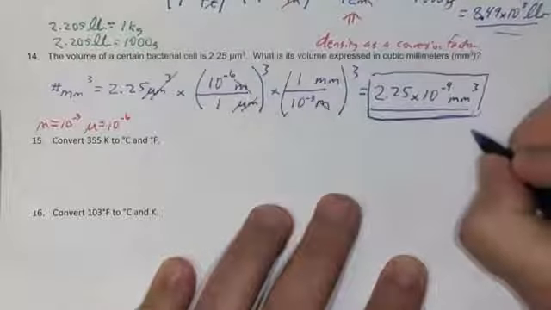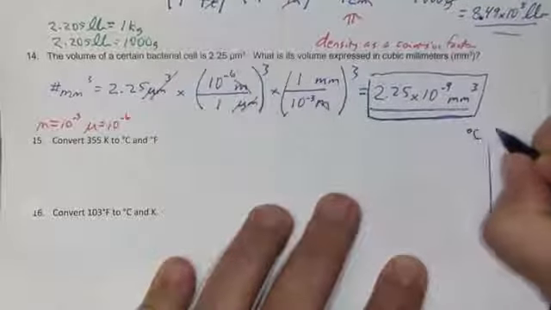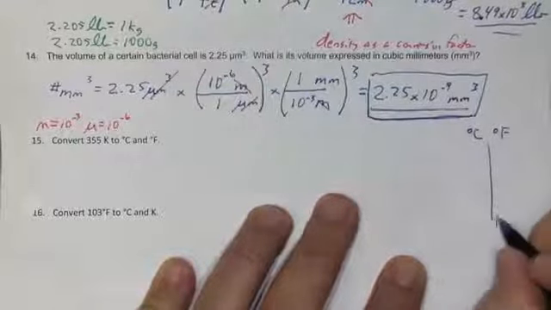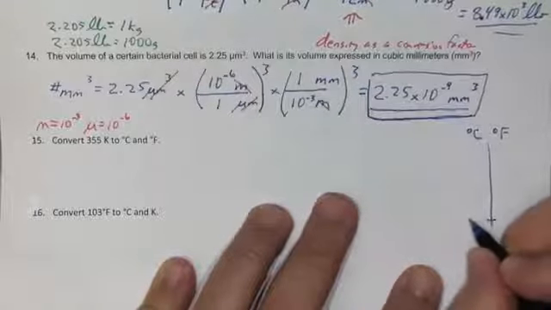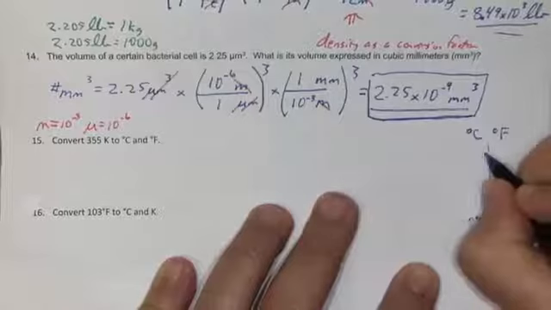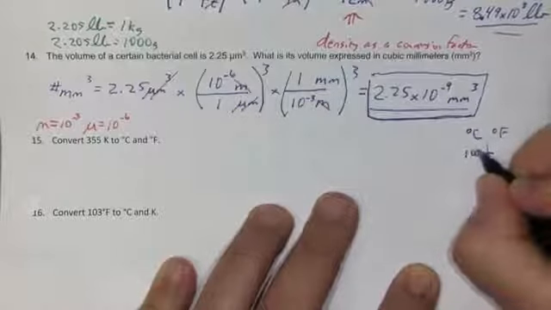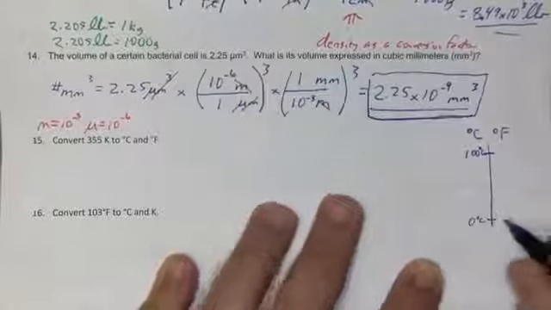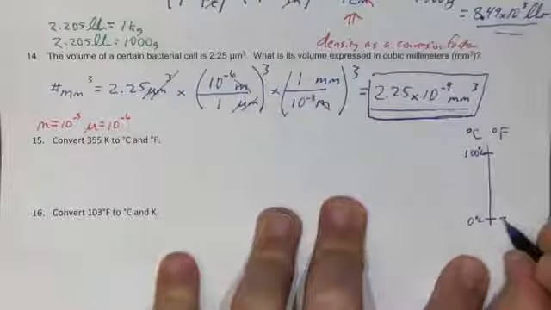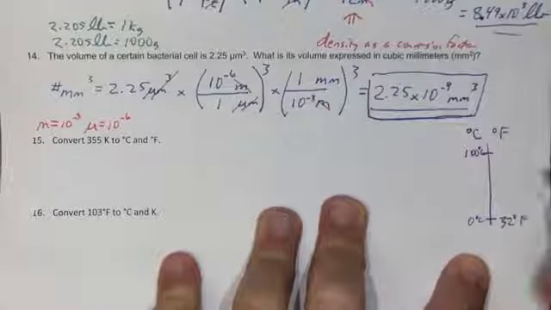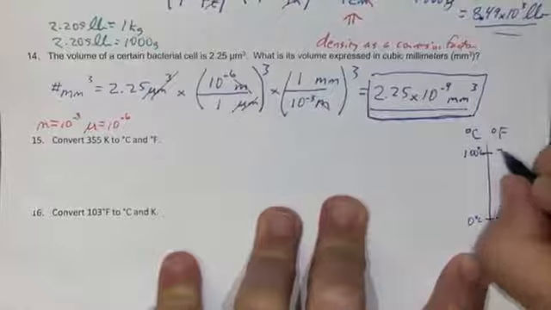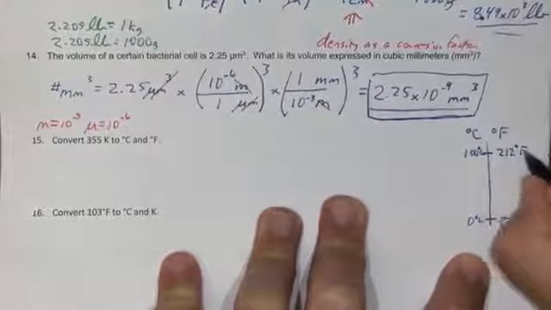If I put the temperature scale in Celsius over here and in Fahrenheit over here, the freezing point of water in Celsius is 0 degrees C. The boiling point of water in Celsius is 100 degrees C. In Fahrenheit, the freezing point of water is 32 degrees Fahrenheit. The boiling point of water in Fahrenheit is 212 degrees Fahrenheit.